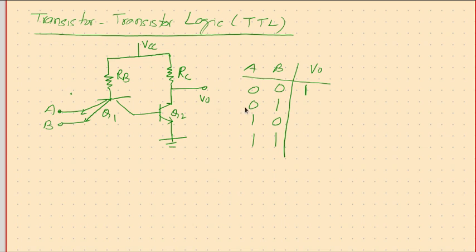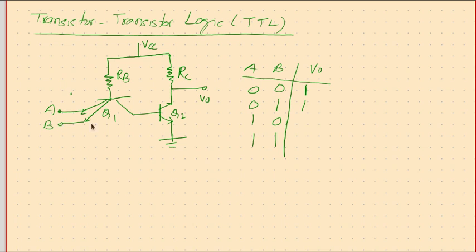Okay, A is 0. A is 0, that means the base emitter junction of A is forward biased, and hence the transistor goes into saturation. This point voltage goes low, this gets into cutoff, so this goes high.